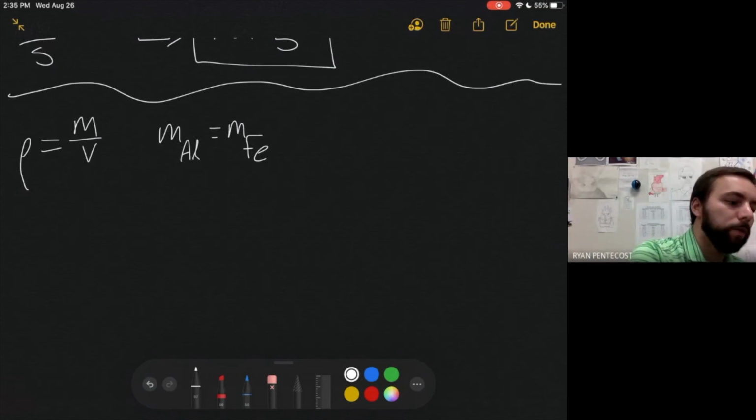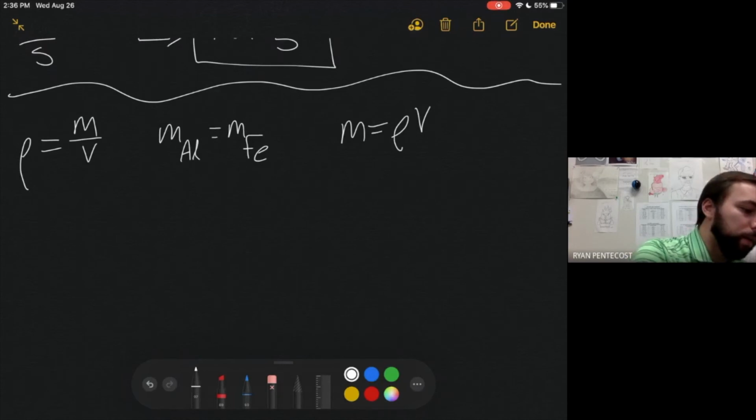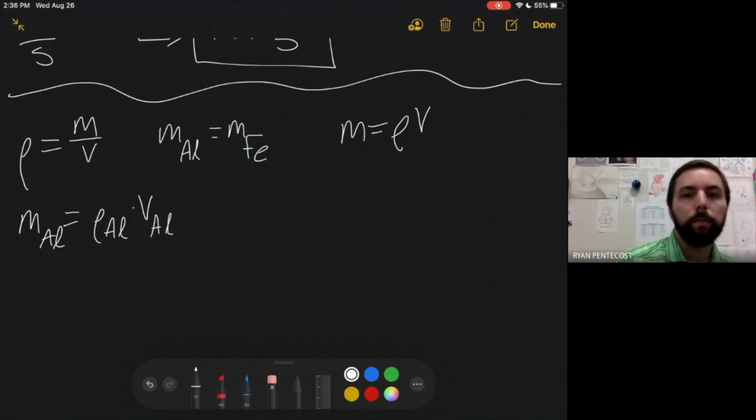So if we use rho equals M over V, then M equals rho V. So we can say that the mass of aluminum equals rho AL times the volume of aluminum. All we're saying is that the mass of the aluminum ball is the density of the ball times the volume of the ball.